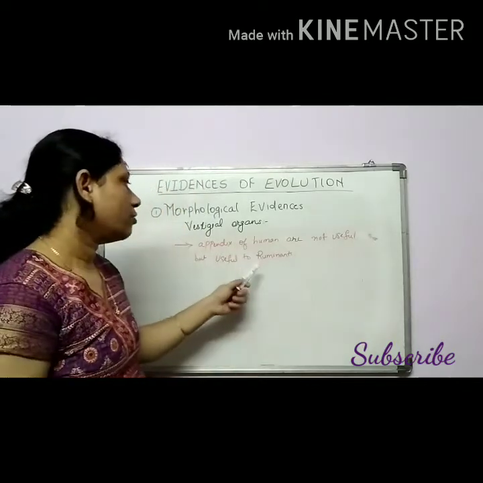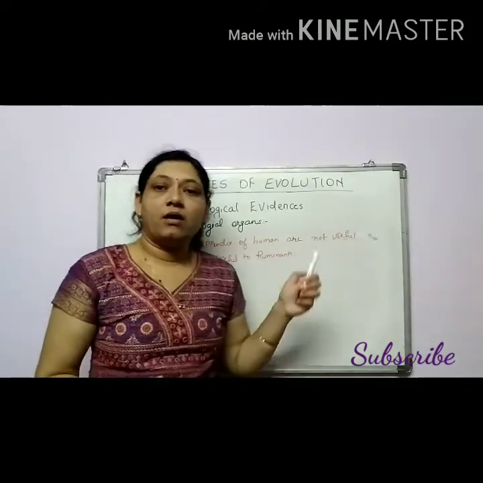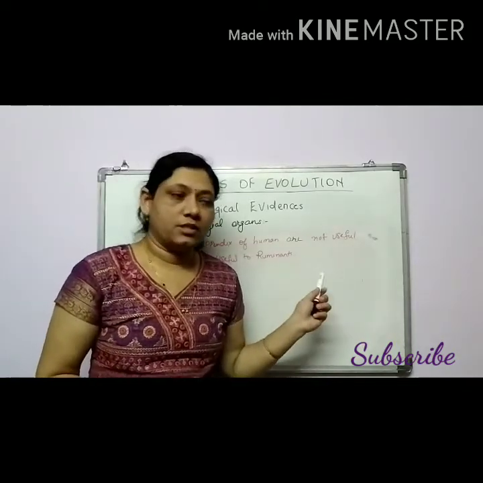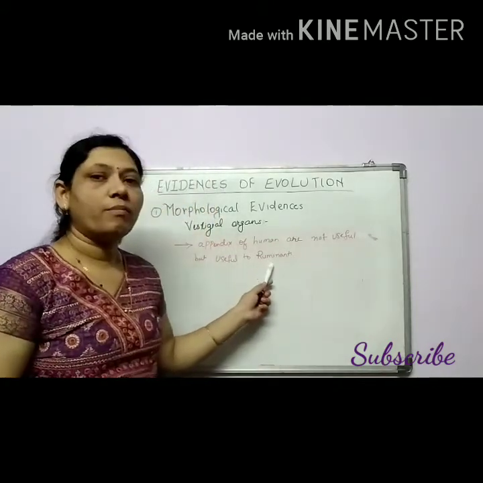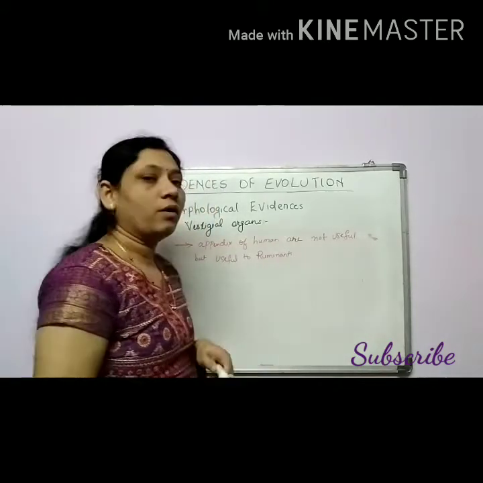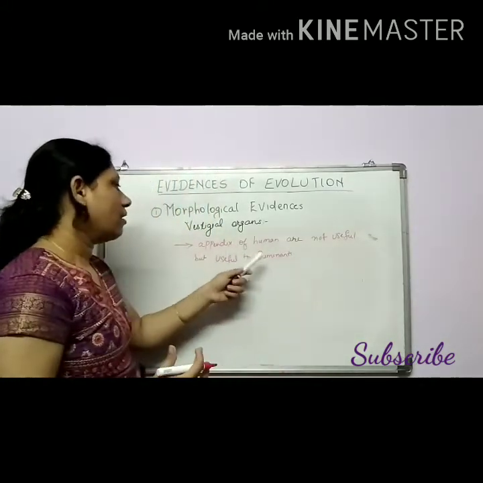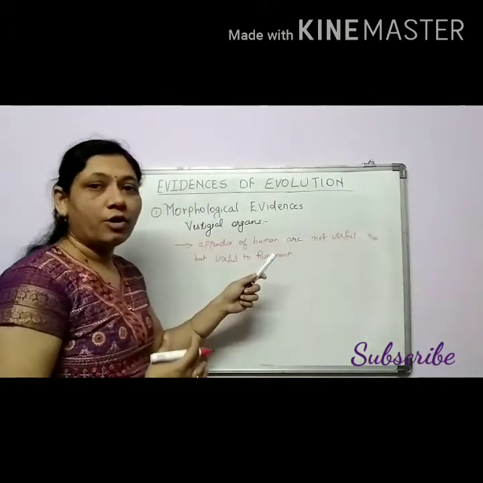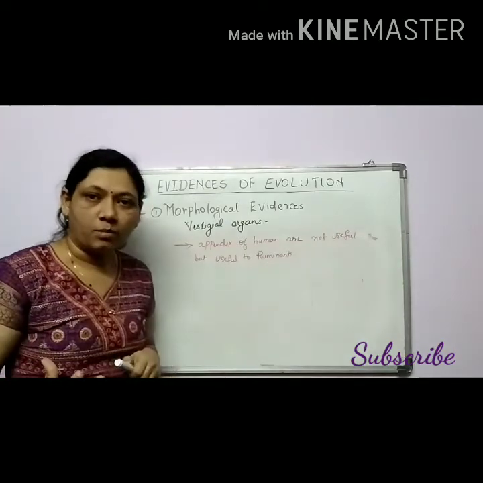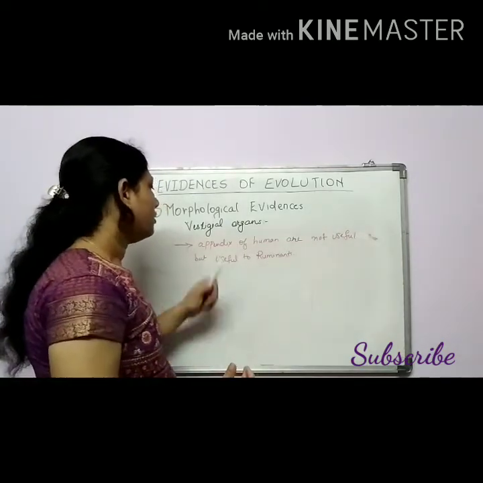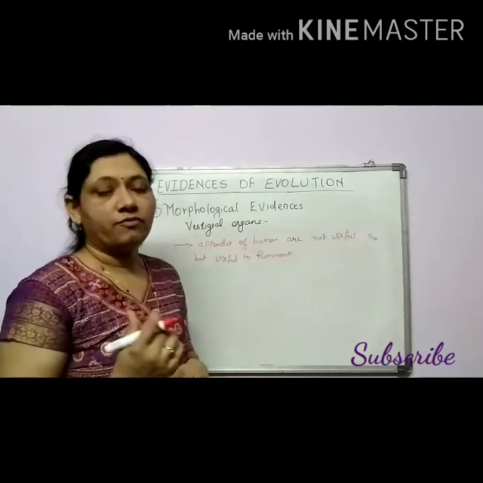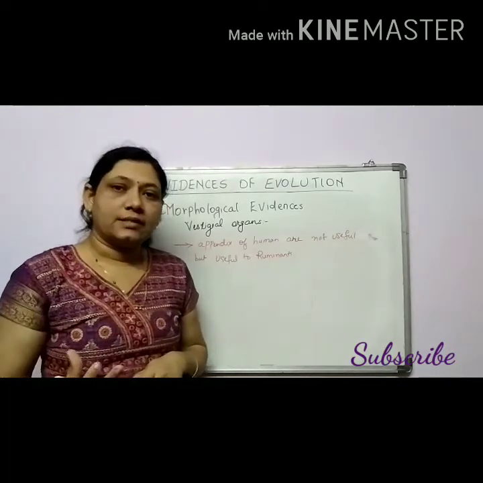Okay, so this process is known as the rumen process, which is performed in these ruminant animals. Okay, the appendix is just like the rumen in the ruminant animals. So this is one example of vestigial organs.